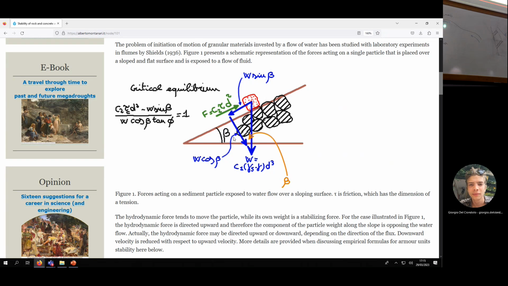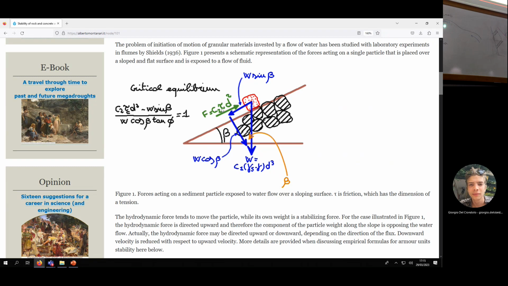And then we will analyze the equilibrium of the forces caused by the hydrodynamic force. It is the force in blue. There is a component of self-weight that tends to bring the boulder towards the base of the structure.